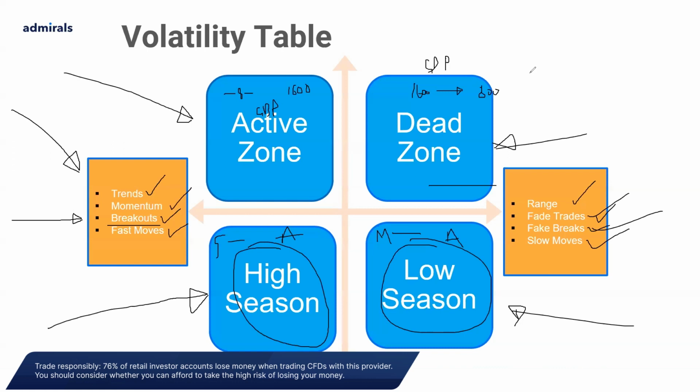So it might be worth taking a moment to think about how you trade at the moment. Do the instruments that you're trading suit the way you trade? Are you trading trends for instruments that are in high season and active zone?